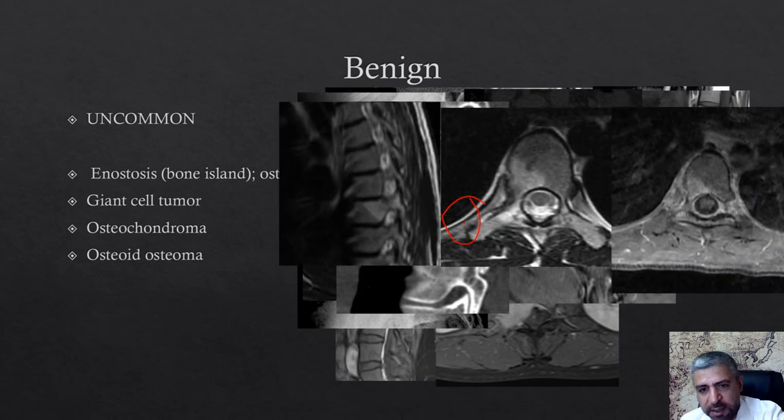Okay, and you can see on the MRI the lesion is right here, and it has edema surrounding it, and it has a tiny dot that is the nidus, and after post-contrast enhancement you can see that it's enhancing here, and this area around it is also enhancing, and again the same features here with the clinical description of pain relieved by aspirin in a teenager. It's typical an osteoid osteoma.